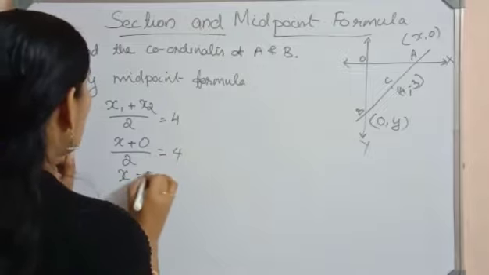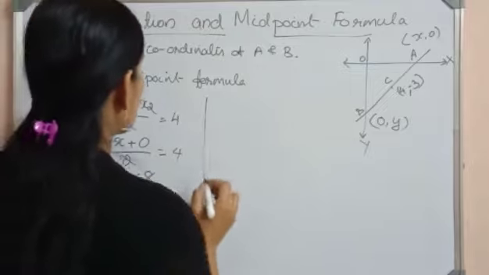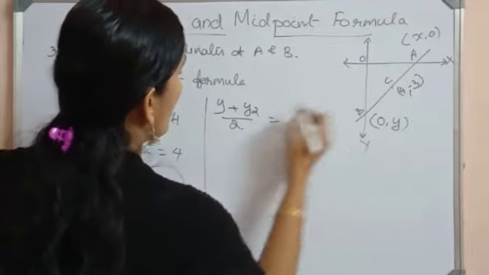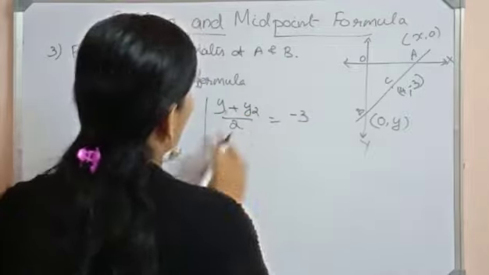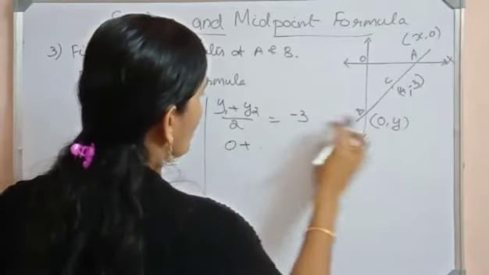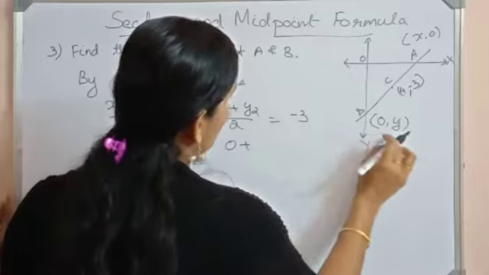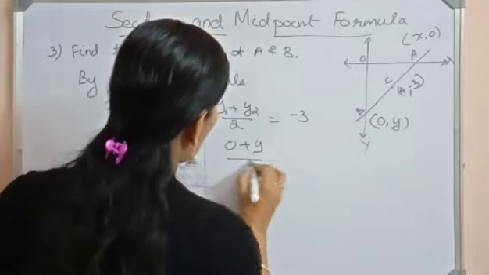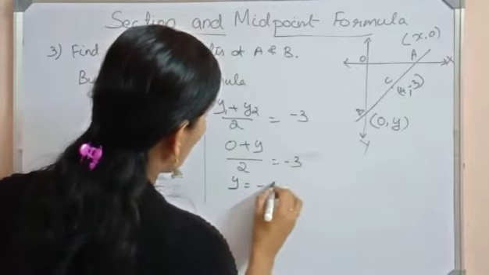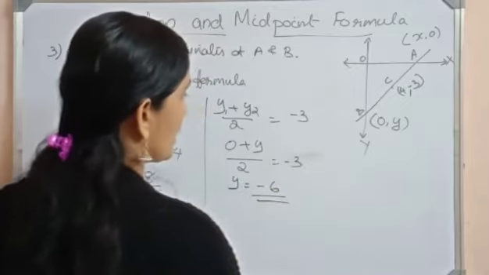So x is equal to 8. In the same way, (y1 plus y2) by 2 is equal to minus 3. y1, the y coordinate of A, is 0. 0 plus y2, y2 is the y coordinate of B, that is y itself. y by 2 is equal to minus 3 and y is equal to minus 6.